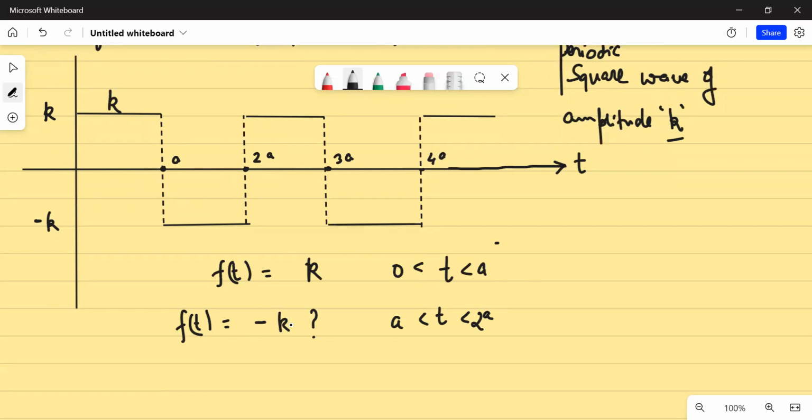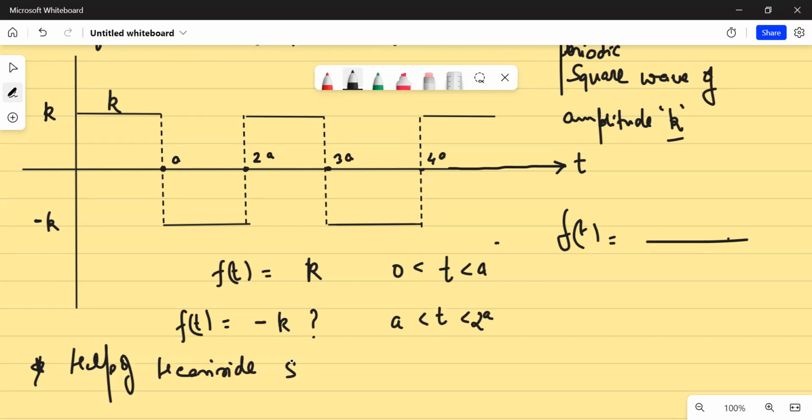How do we write it so that the function can be expressed in one complete row? I want to express my function in a way that I can write it in one complete expression. So what I'll do is take the help of the Heaviside function. You just see the Heaviside function.